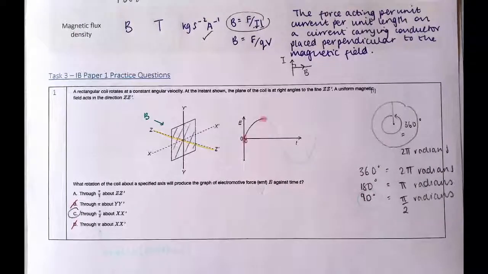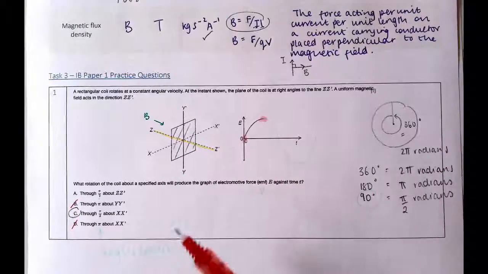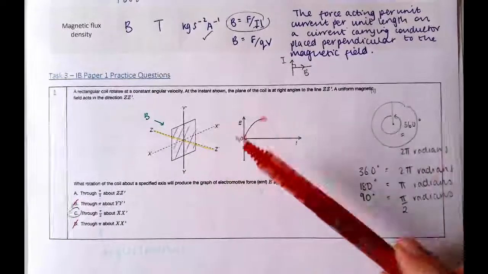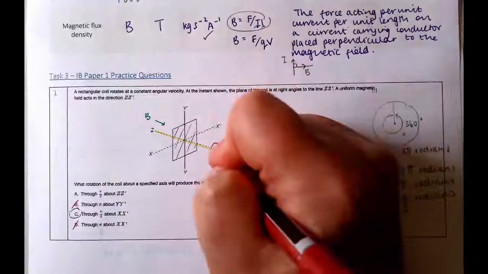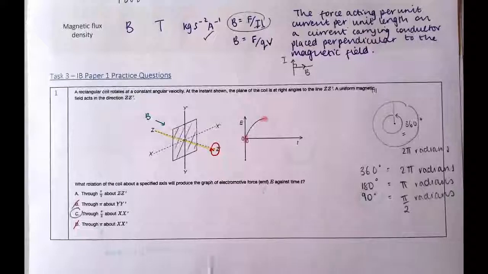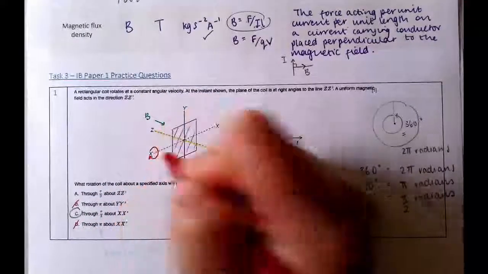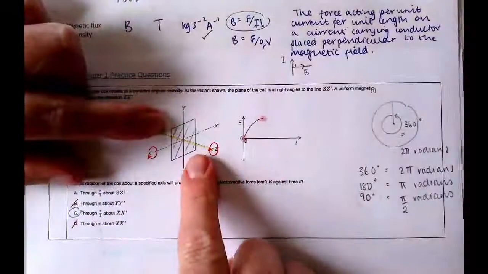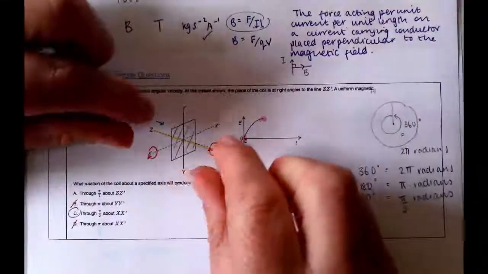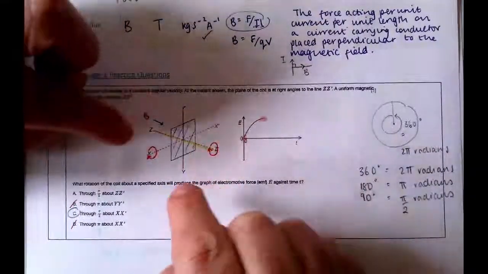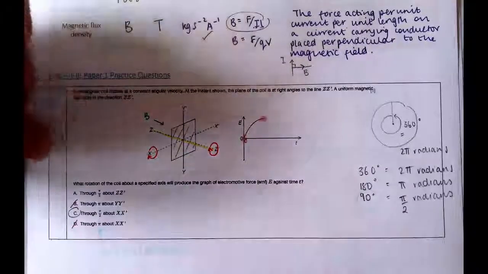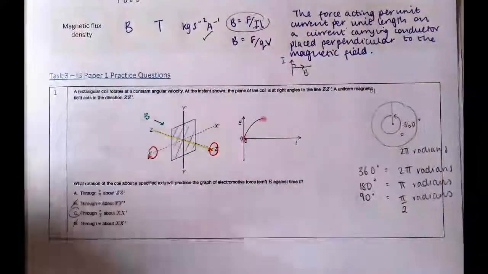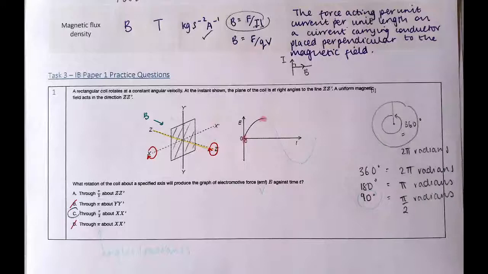Now what I want you to think about is if we rotate this coil around the ZZ axis, or if we rotate it around the XX axis. So if we take this coil of wire and we spin it around the ZZ axis, we are not going to change how many flux lines are inside of that coil.